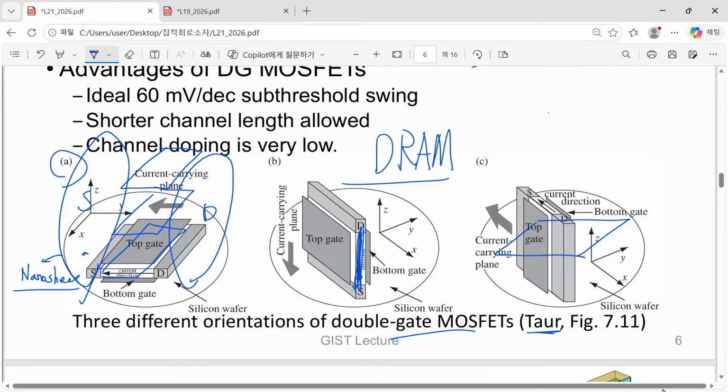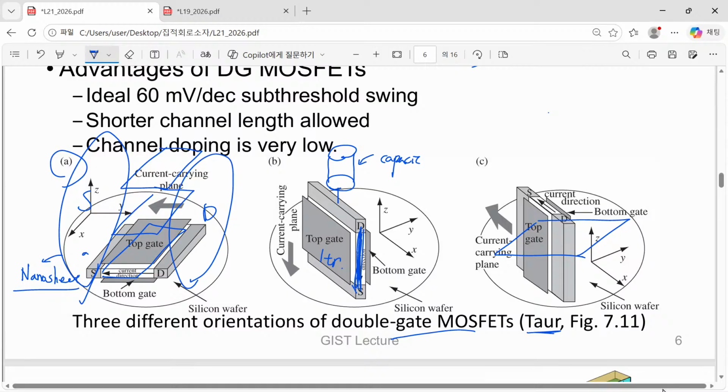Why do they do that? Because once they fabricate their device in this way, then they can introduce a capacitor. So now here we have one transistor, and on top of this one transistor we place one capacitor.